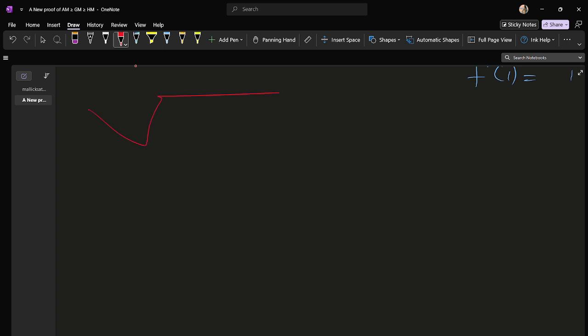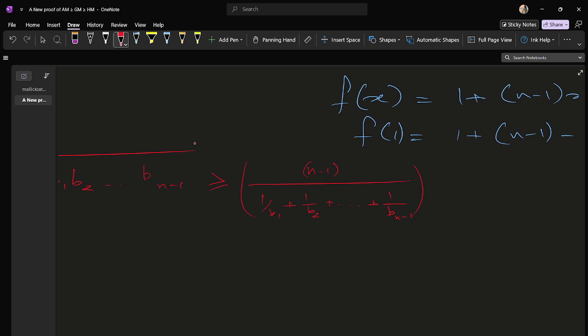We will get the nth root of b1 b2 dot dot dot up to bn minus 1 is greater than or equal to the same expression, and the power will be n minus 1 by n here. Let us take it holds.